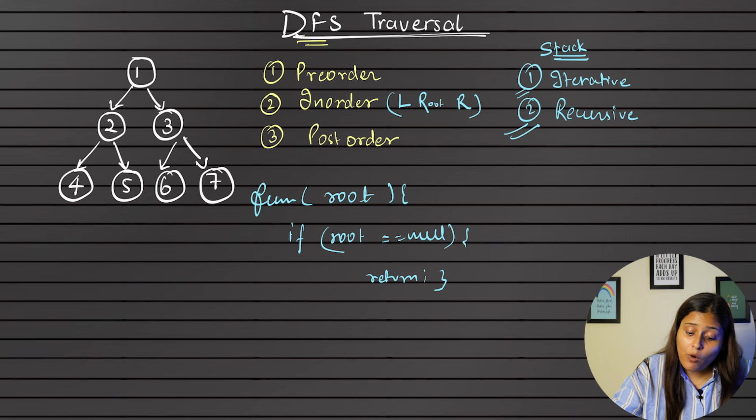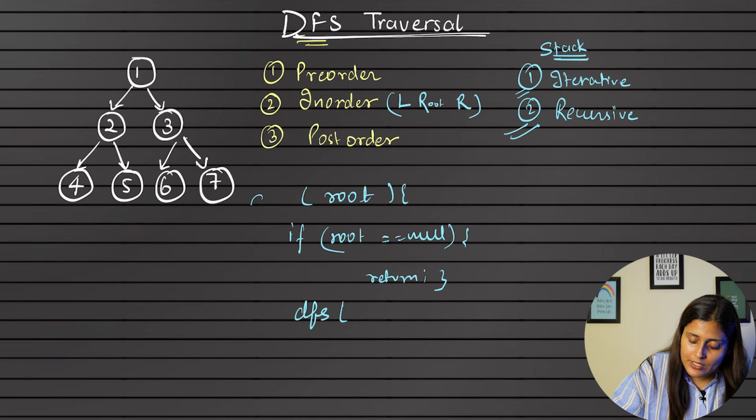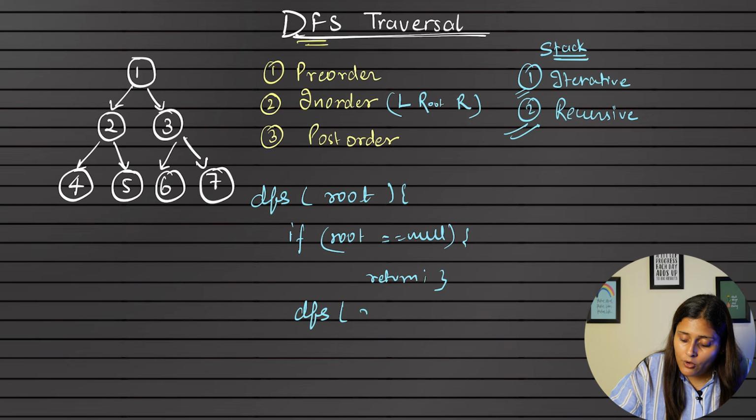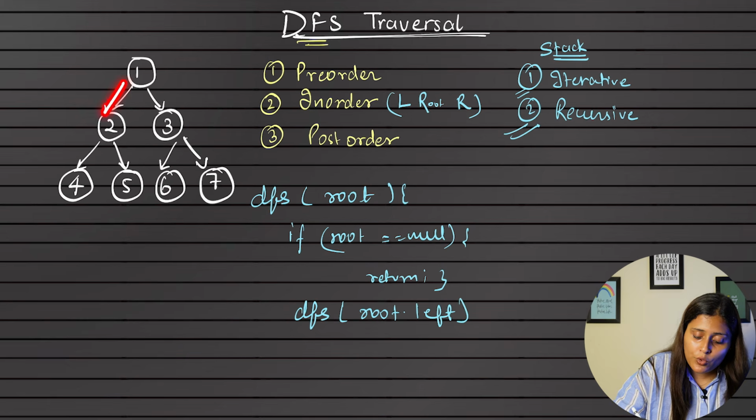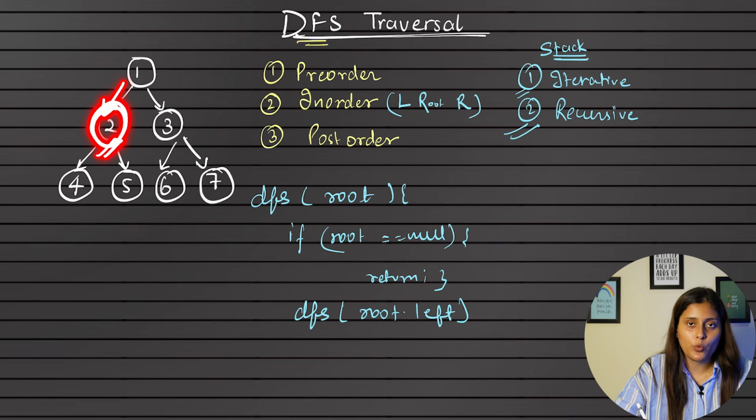If we are at root and we know it's not null, I can go to left or right, correct? If we are going towards left, call the same function. Let's call it DFS because it's depth first search. Now DFS root dot left. I am at 1, but I want to go to my left child, which is 2, correct?